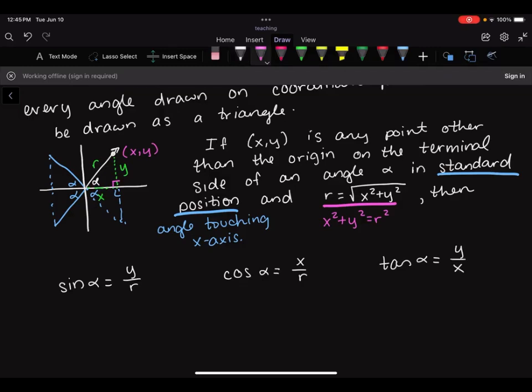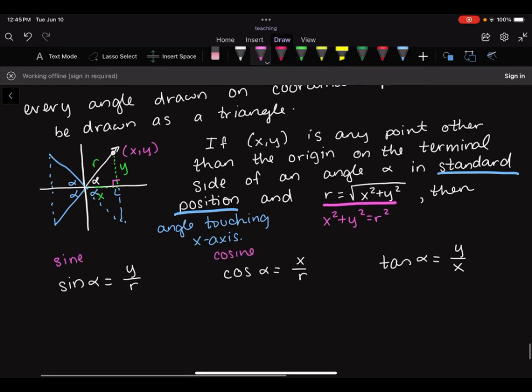Now I'm going to put the names up here. Sine, this is cosine, this is tangent. Truthfully, there is a little bit of an expectation that you've already been slightly familiar with this, like at least sine, cosine, tangent, and Pythagorean theorem.